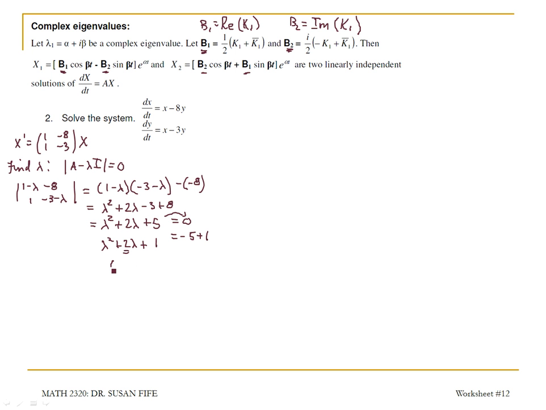Lambda squared plus 2 lambda plus 1 factors into lambda plus 1 squared equals negative 4. Get rid of the square by applying the square root property to both sides. You get plus or minus the square root of negative 4, which gives you plus or minus 2i, and then solve for lambda. We get lambda is negative 1 plus or minus 2i.